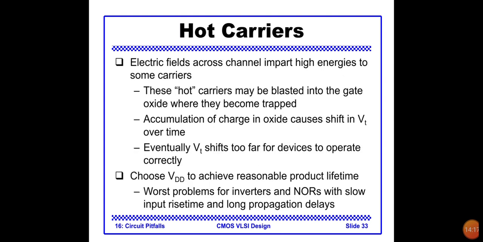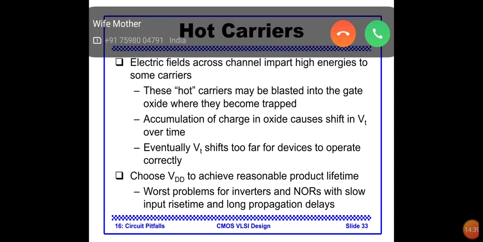Hot carriers: the electric field across the channel imparts high energies to some carriers. These hot carriers may be blasted into the gate oxide where they become trapped. Accumulation of charge in the oxide causes a shift in Vt over time.